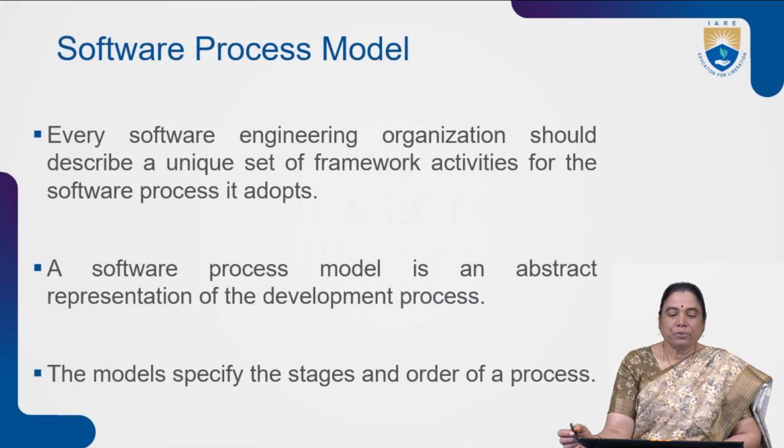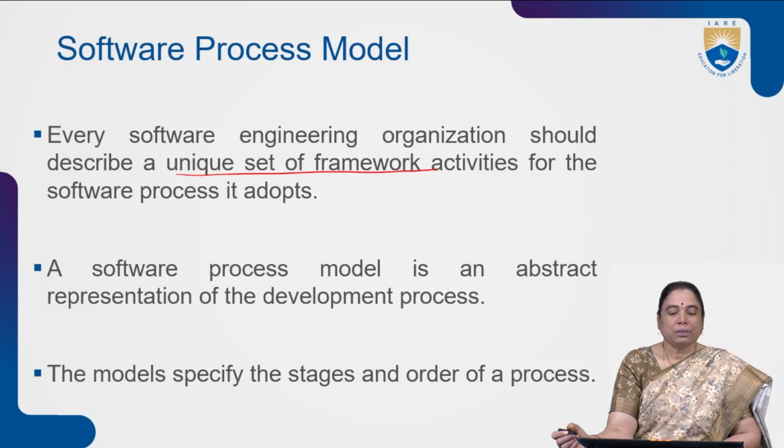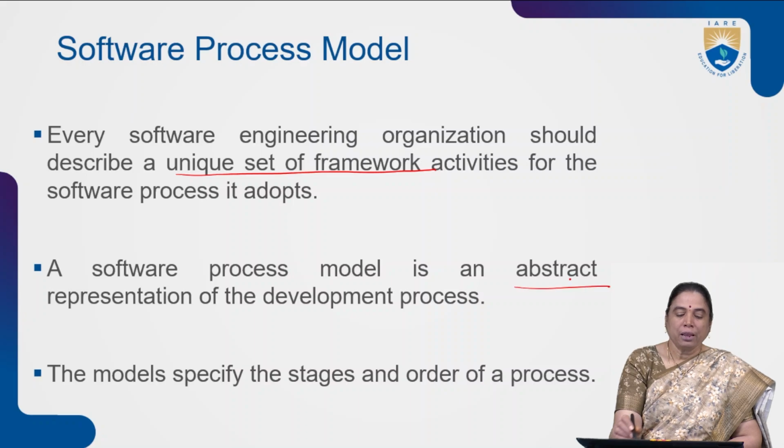The software process model is a basic framework which is used for the development of a software application. Every software engineering organization should describe a unique set of framework activities for the software processes it adapts. A software process model is an abstract representation of the development process.